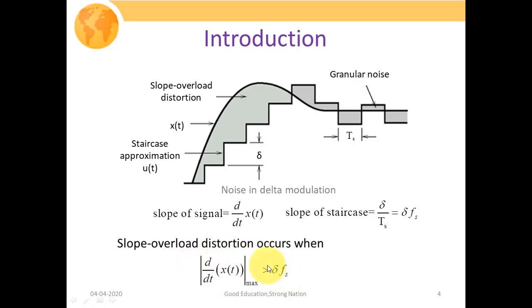When this condition is fulfilled, slope overload distortion happens. And granular noise happens when the maximum slope of signal variation is less than delta times fs, or we could say when it is less than the slope of the staircase. So in both cases, our staircase will not be able to map the exact signal values. That's why error happens, and that error is nothing but delta modulation's error.